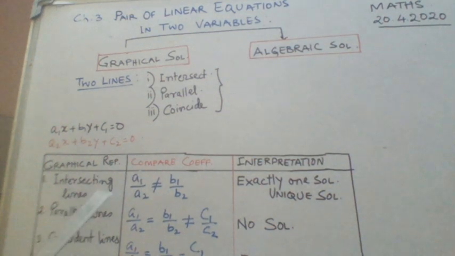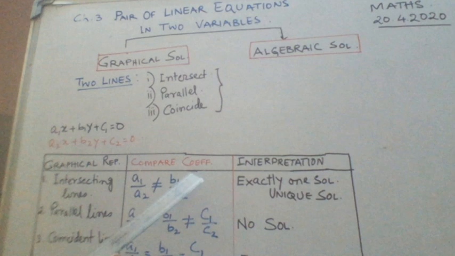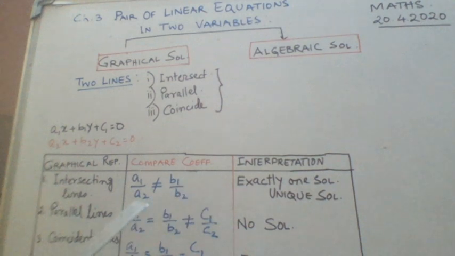If the two lines happen to be intersecting lines, then how will the coefficients behave? That is, a1 upon a2 is not equal to b1 upon b2. Okay, so this is the condition for intersecting lines.